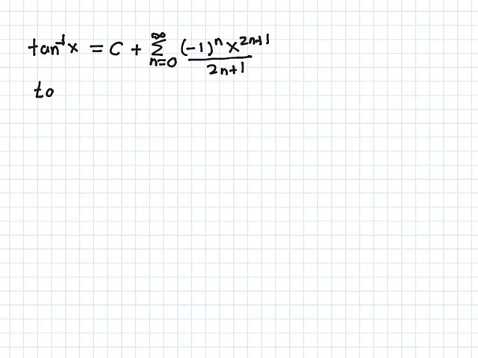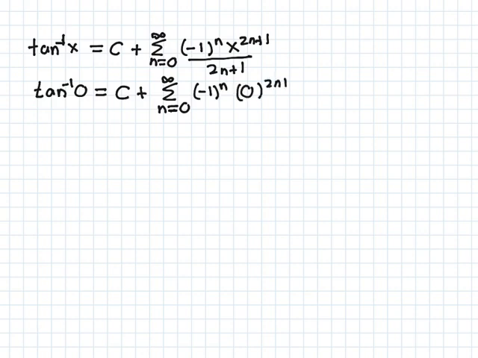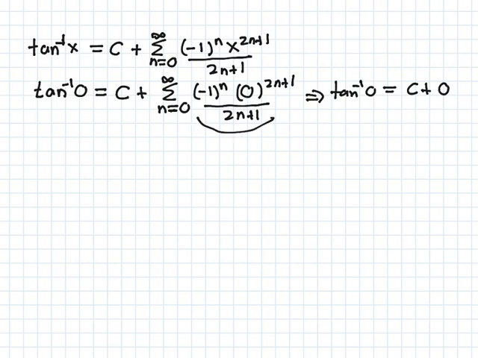So we get tangent minus 1 of 0 is equal to c plus the sum n equals 0 to infinity of minus 1 to the power of n, 0 to the power of 2n plus 1, so all the terms will end up being 0, divided by 2n plus 1. So we get tan minus 1 of 0 is equal to c plus 0. Because all the terms are 0, this whole sum is going to be 0.